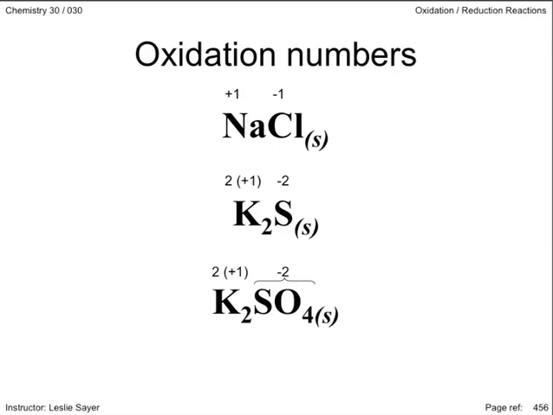Is the sulfur atom not negative 2 like the compound just above it? The sulfur atom has an oxidation number of negative 2 when it's a sulfide. When it's part of a molecular compound, including polyatomic ions, it may have a different oxidation number. Is it possible to determine the oxidation number for the sulfur atom in a sulfate ion? It is, but first we have to remember a few rules.